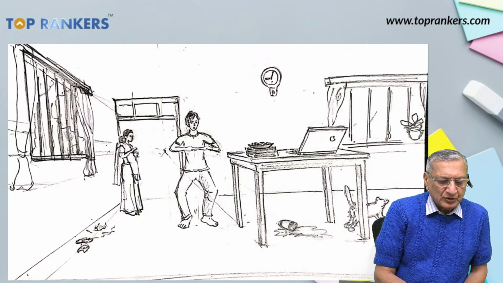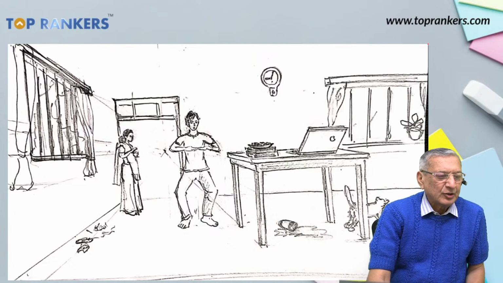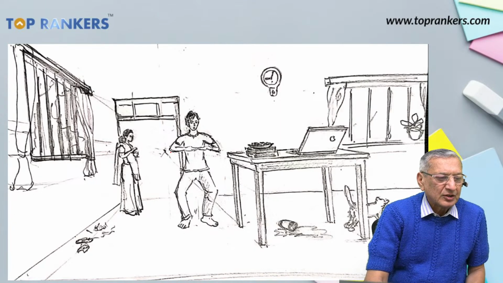First and foremost, do you notice the vanishing point taken somewhere around the chest of this Nandu? Now, there are many students who have understood Nandu as a female. There is nothing wrong in that, but generally Nandu is a name of a male person, so I have analyzed it as a male.